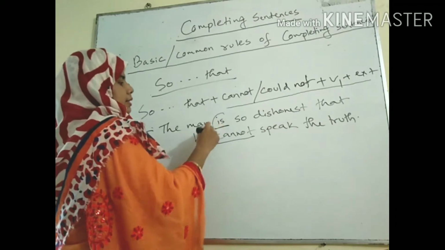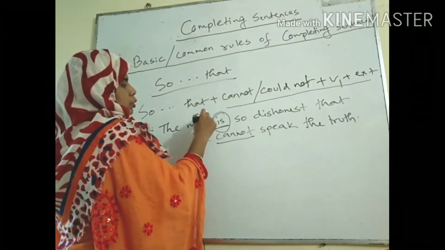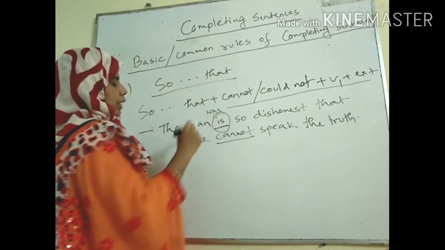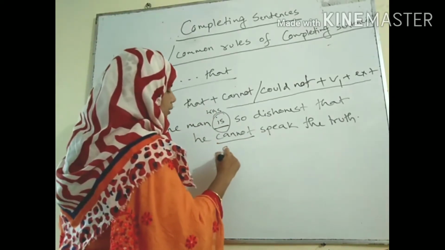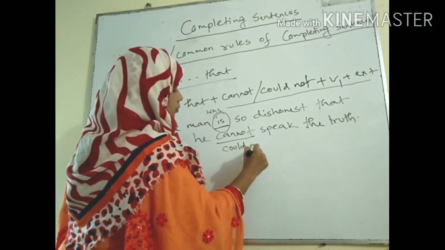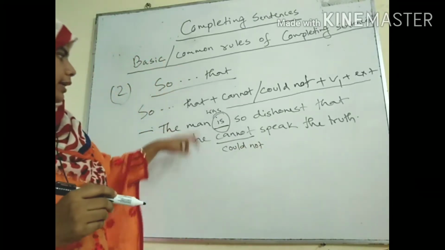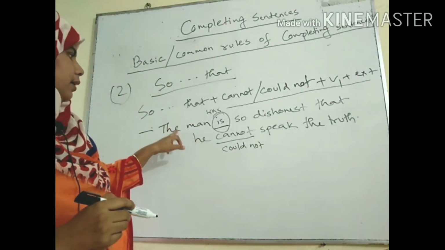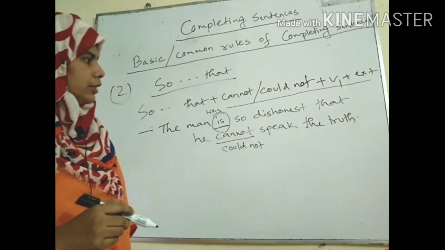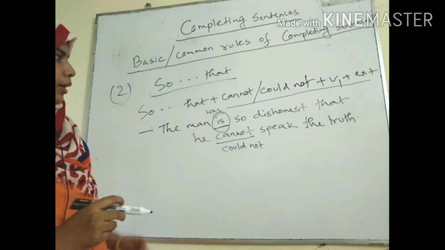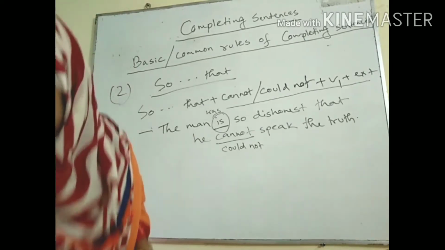If we use past tense in this sentence, for example if we write was here, we will use could not. So in case of past tense, we can say the man was so dishonest that he could not speak the truth.